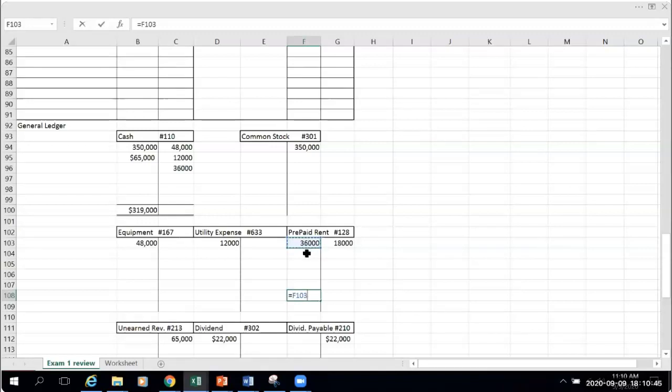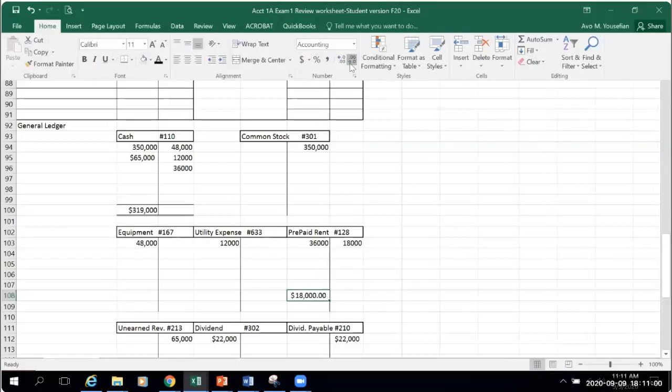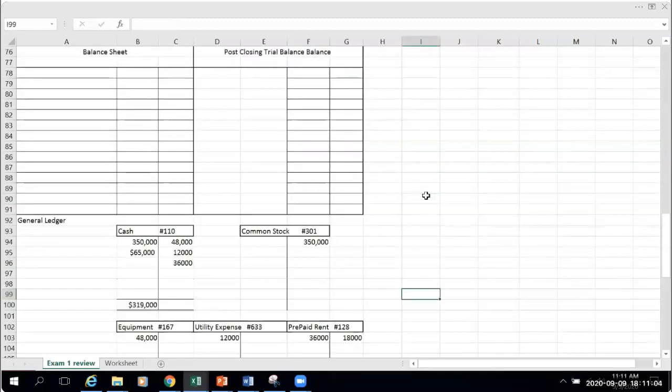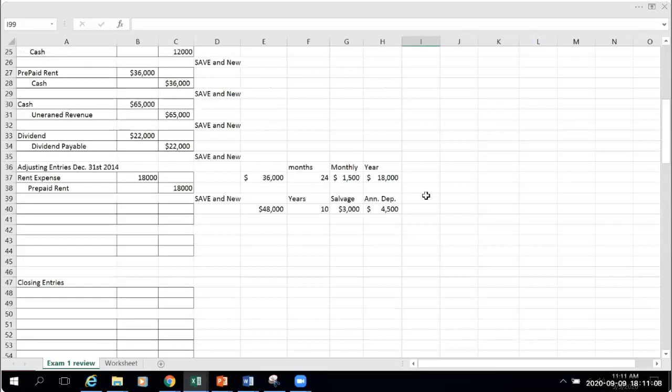The asset minus the credit side, enter, and the balance is 18,000 because this is our final answer. So let's make it like $1, looks better. There you go. Life is good.